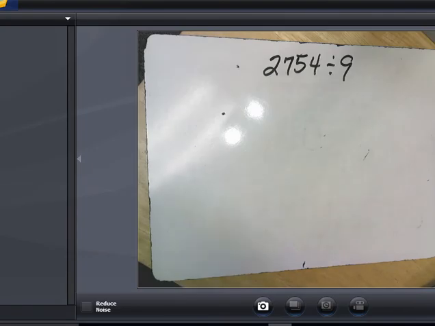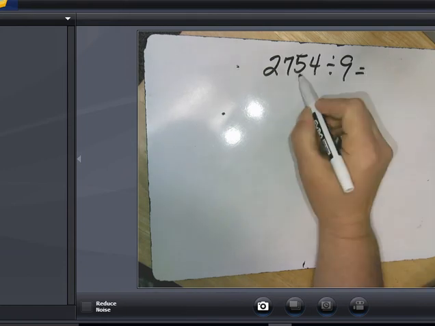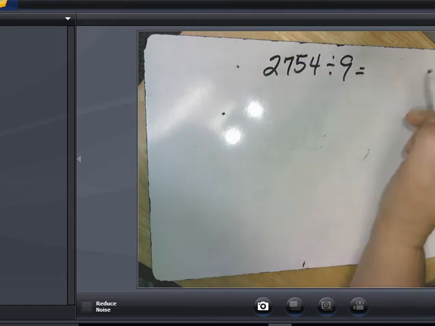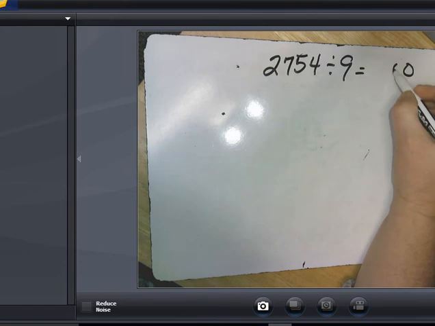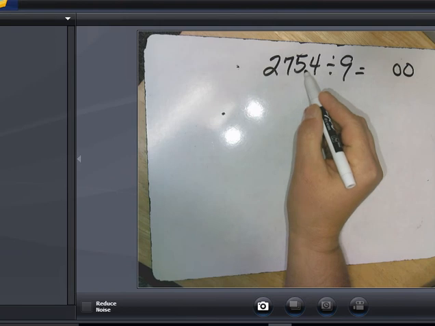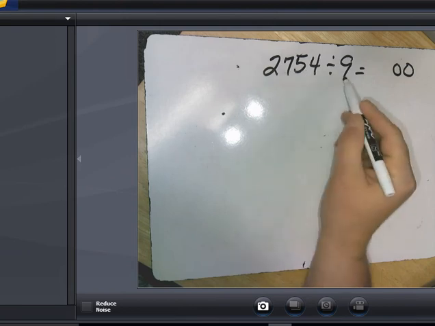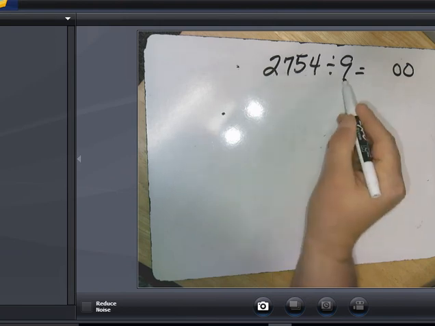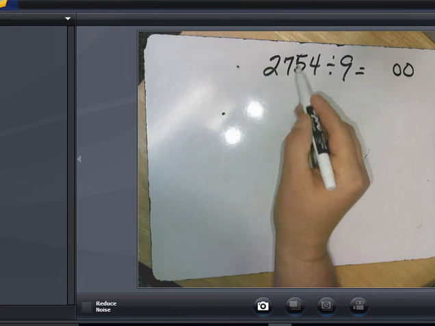And so I wrote my problem down, and the first thing I need to do is estimate. So I'm just going to take the first two digits, and I'm going to put zeros there because I'm rounding to the first two. So I've got to find an easy number. 9 goes easily into what close to 27?